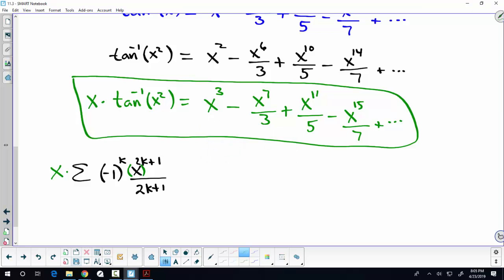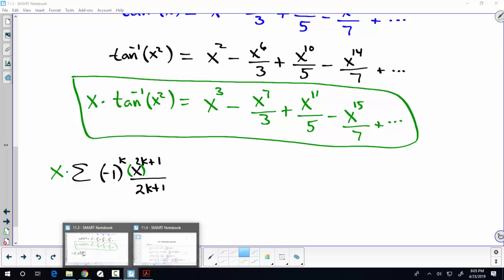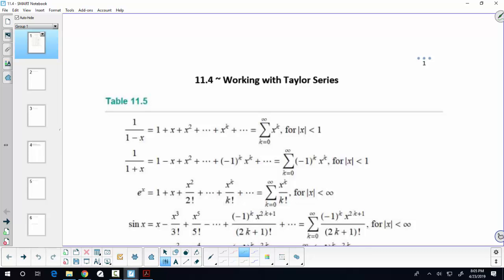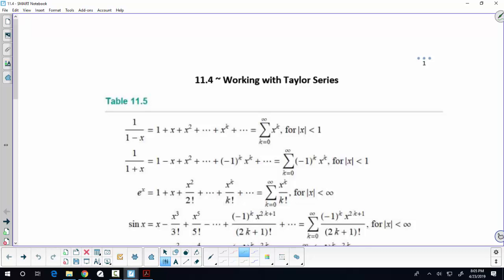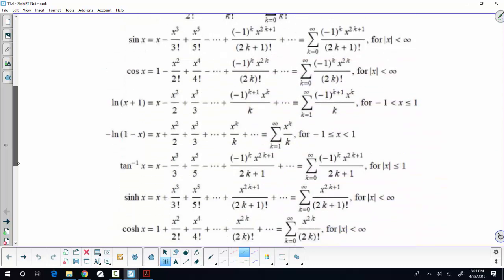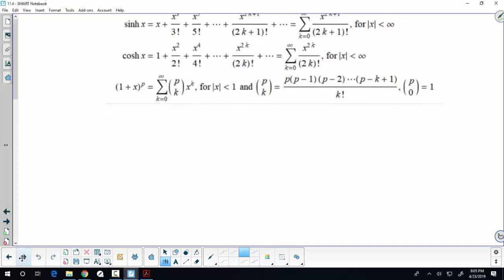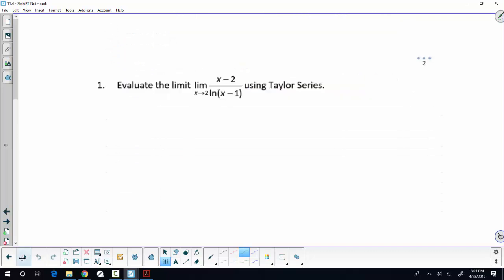Any other questions from 11.3? Okay, 11.4 is actually where we work with these, so it's kind of back to regular calculus. Once we know how to represent certain functions with power series, then we go back to regular calculus stuff.